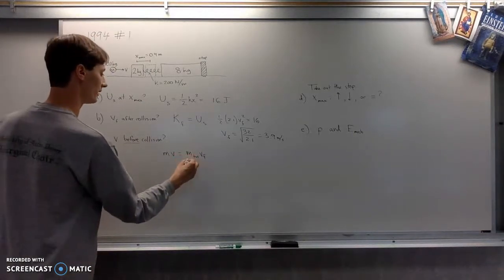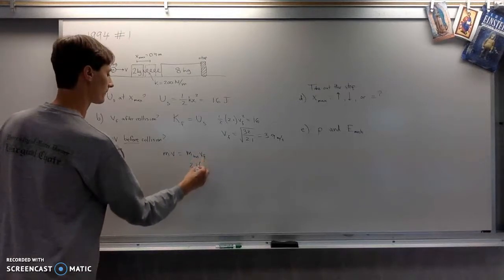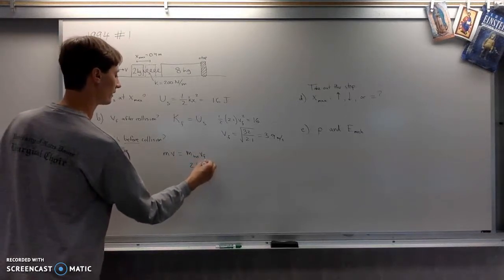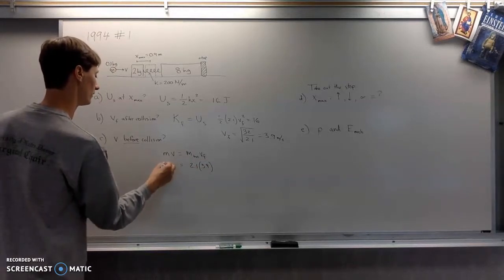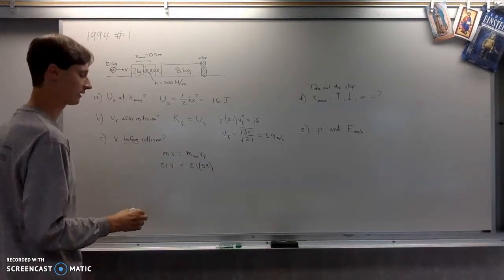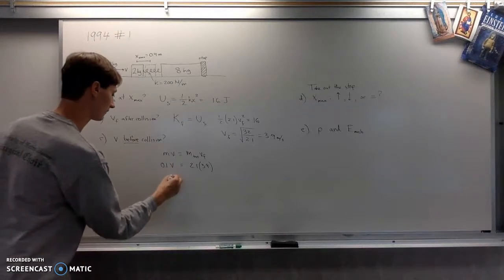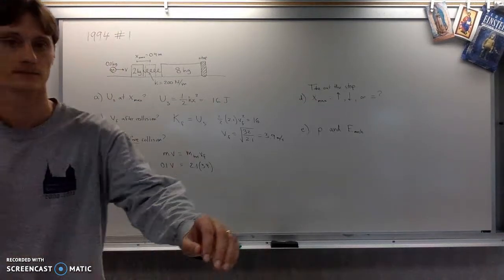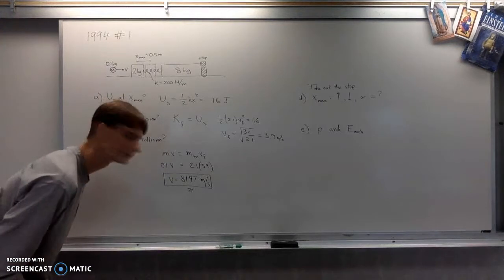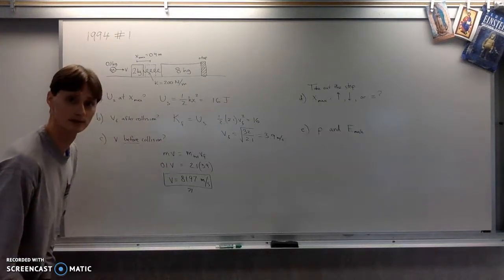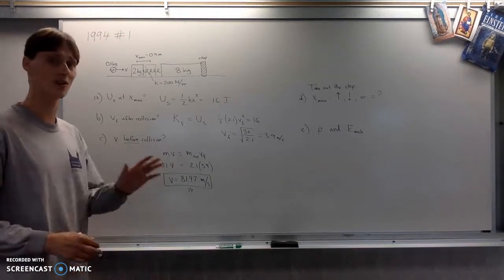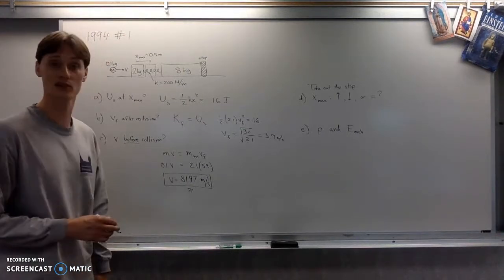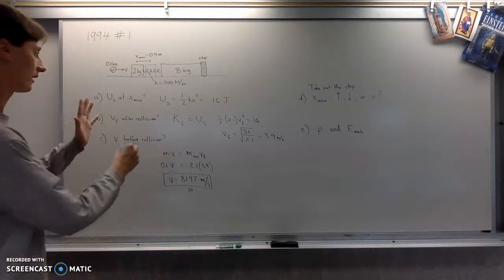All right, m total being 2.1, v final being 3.9, and this being 0.1, we should be able to figure out the initial velocity. Wow, that's really fast. 81.97 meters per second. I can almost run that fast. No, I'm just kidding.